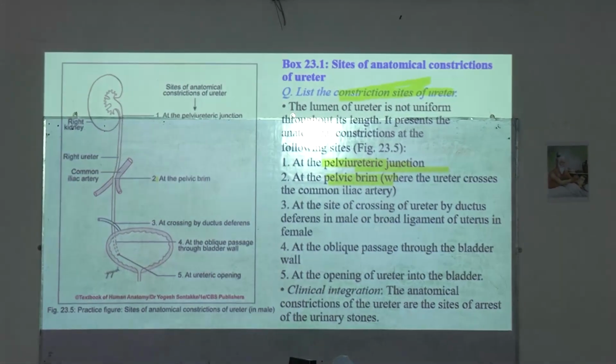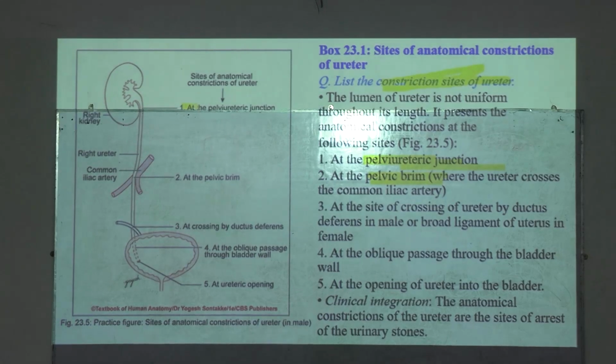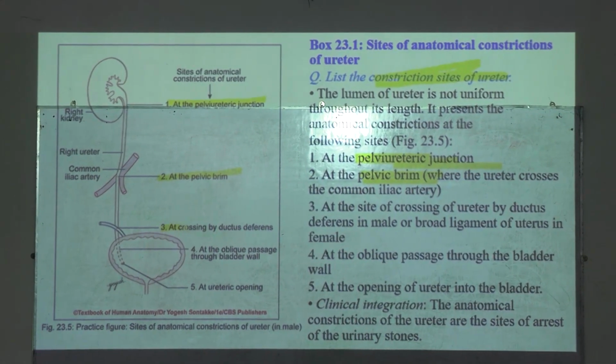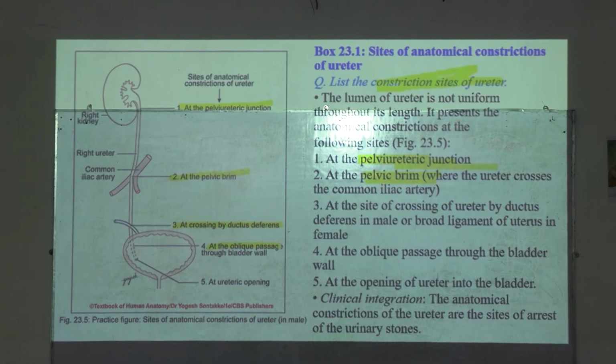You can see the third constriction which is being created by the vas in case of male, and fourth constriction when it is passing through the bladder. We cannot remember the five.